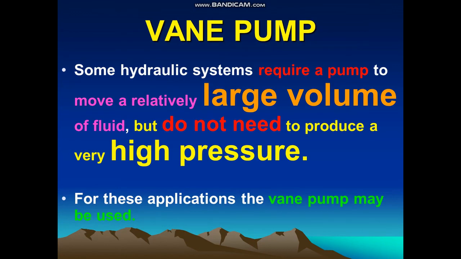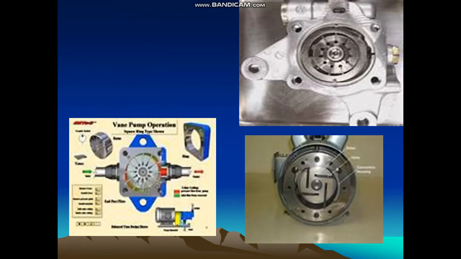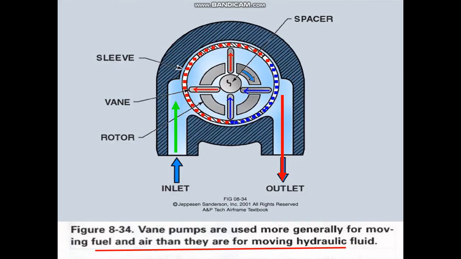Some hydraulic systems require a pump to move a relatively large volume of fluid, but do not need to produce a very high pressure. For these applications, the vane pump may be used. And this is the vane pump.